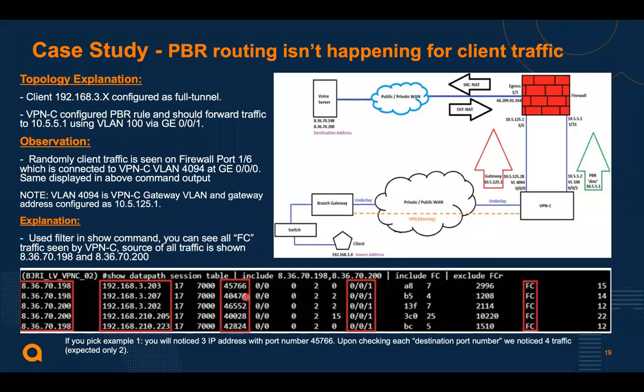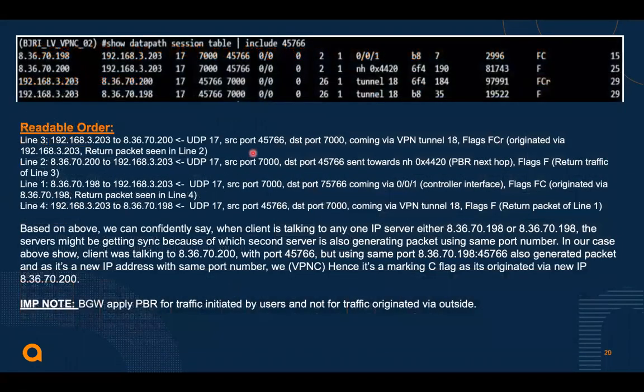So we tried to grep with one specific port number that was being used. And what we saw was there were transactions between two server IPs, 198 and 200.